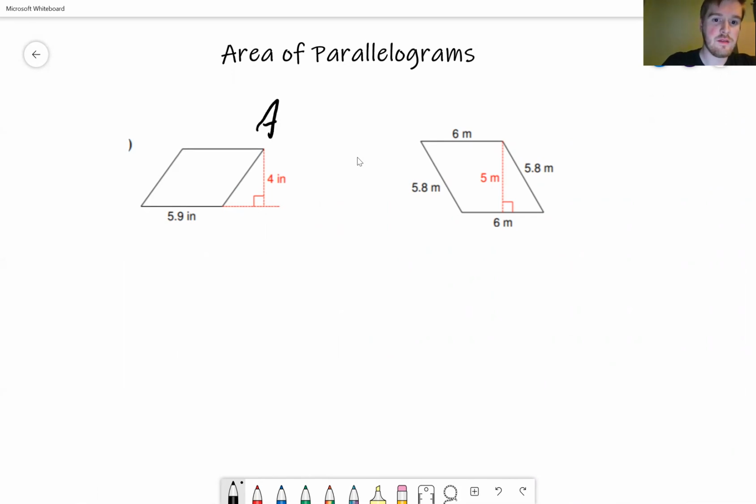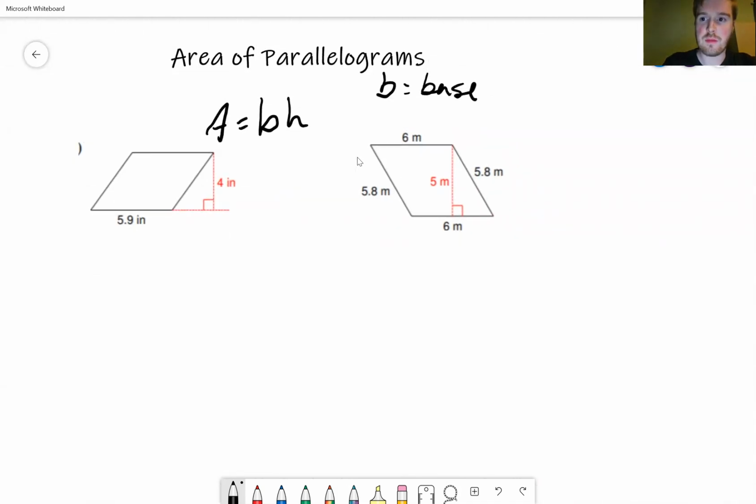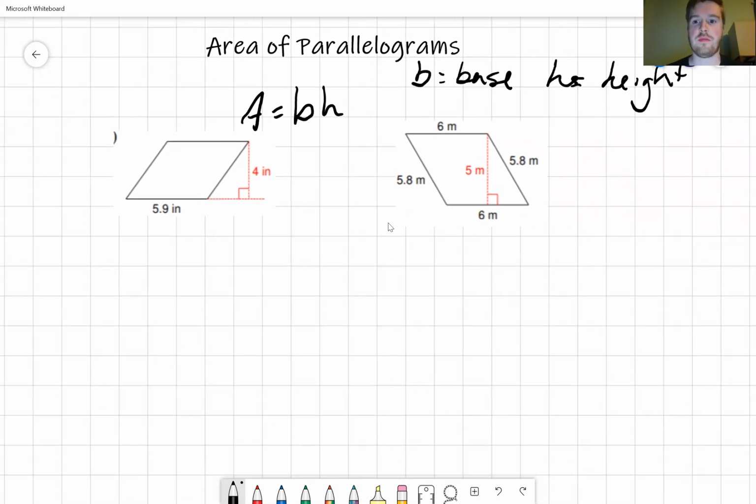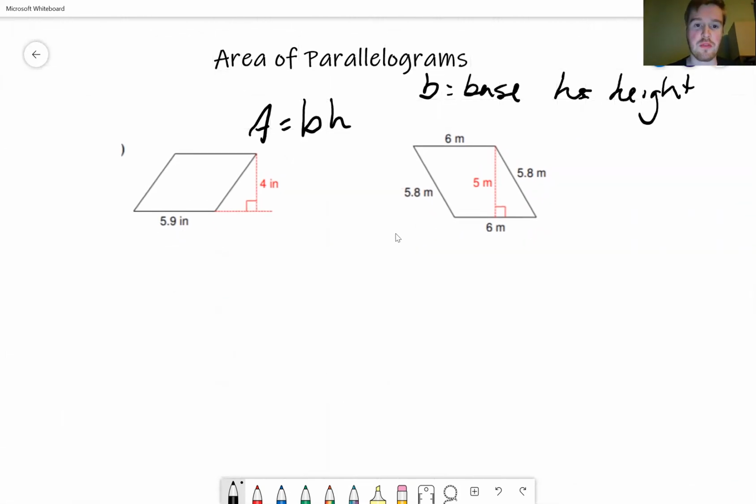It is A for area is equal to B times H, where B represents base, if you don't remember that from last year, and H represents height. All right, so while we're working on area of parallelograms, triangles, and trapezoids, those 2 variables are going to be used in all 3 formulas, so it's good to know what they mean.